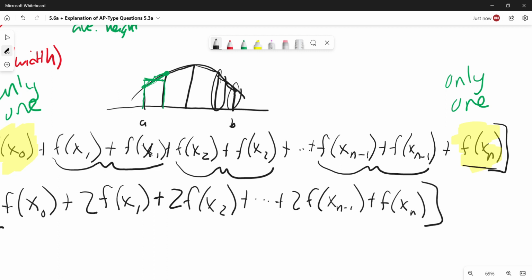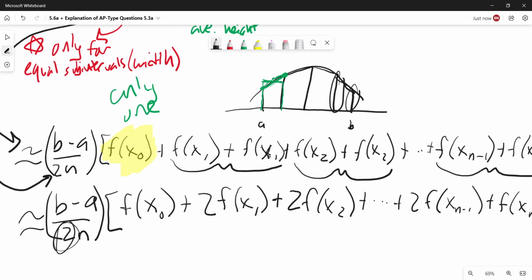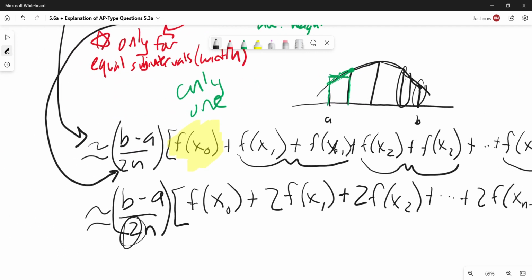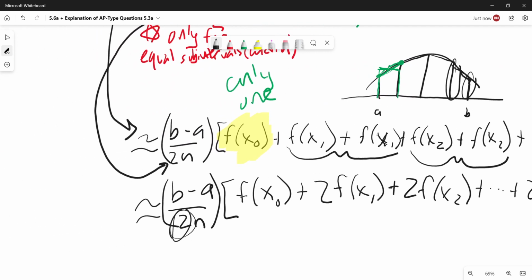So this is the formula. So this is the trapezoidal.